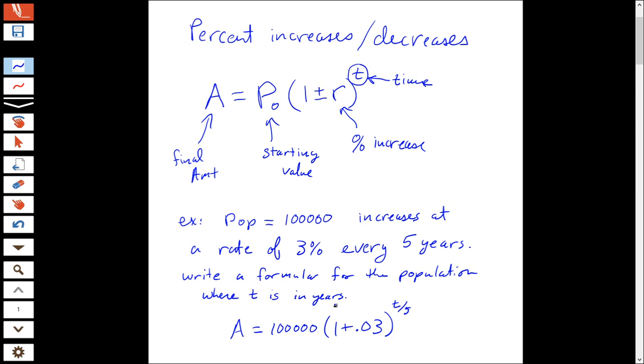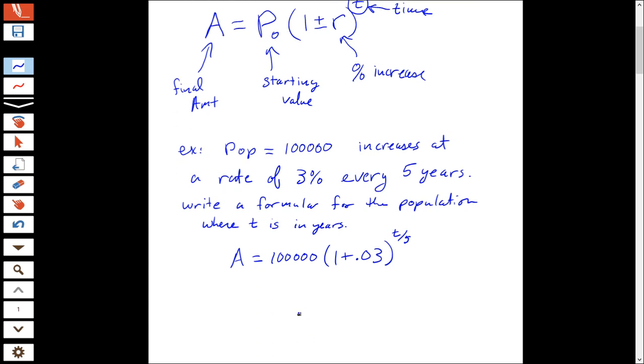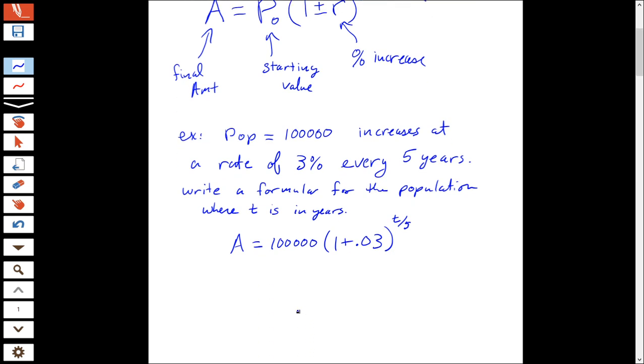Now, I've also seen some questions that want you to write the formula as something like a times b to the t, and it asks you, what is a and what is b equal? Well, obviously, a is still our starting value of 100,000.